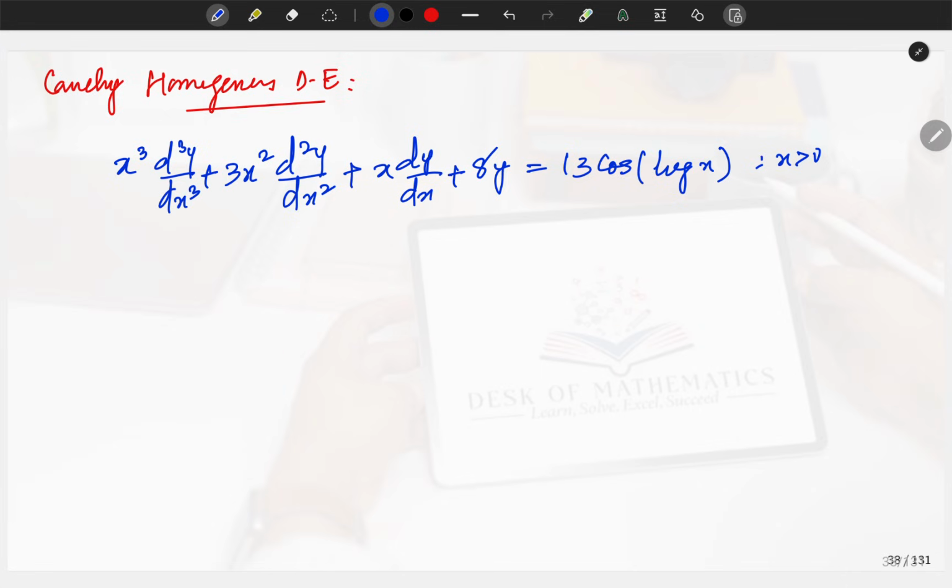Now, as we use the complementary function and particular integral where we have the constant coefficient, here we have the coefficients as x cube, x square, x.